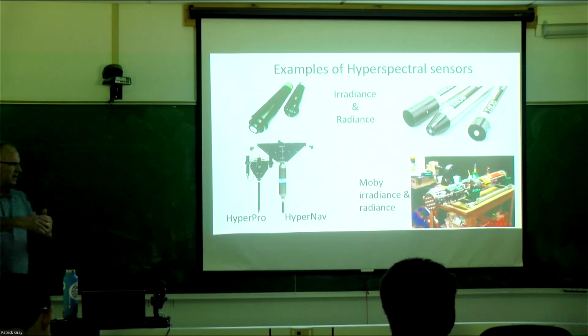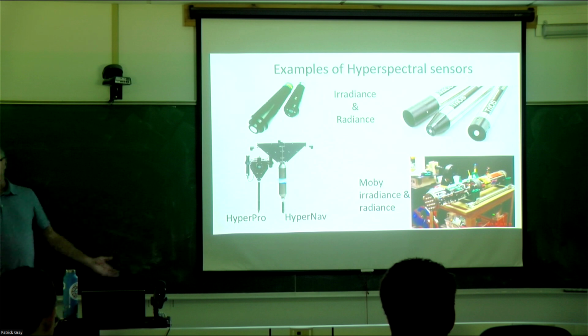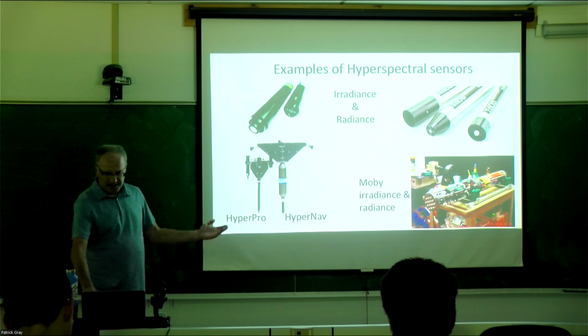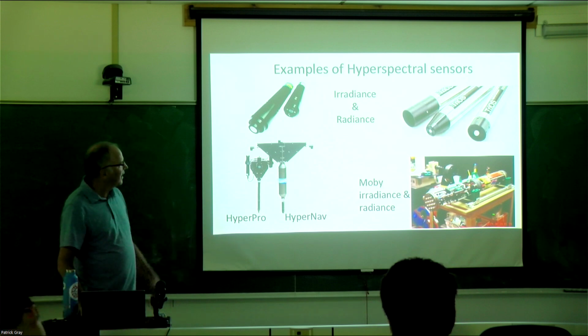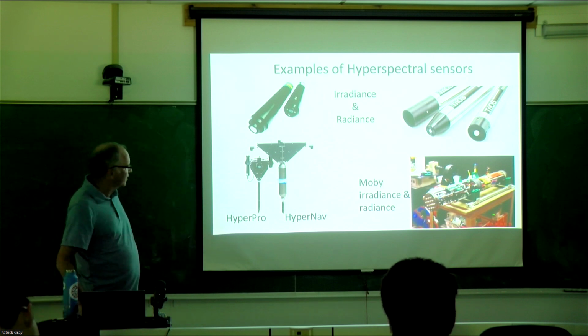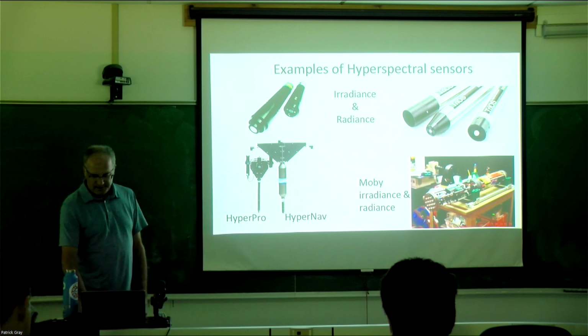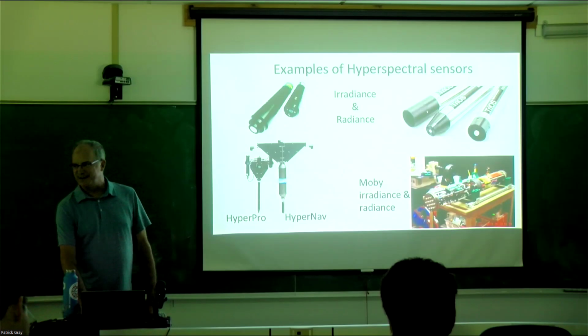There's a big fiber optic setup on the Mobi system to measure the spectral irradiance at a very high spectral resolution. So these are just some examples that you'll see out in the field, in commercial use, or in some up-and-coming or very minimally used configurations.